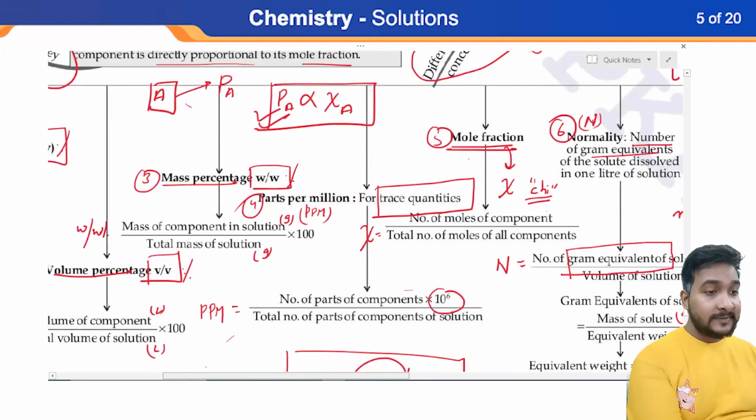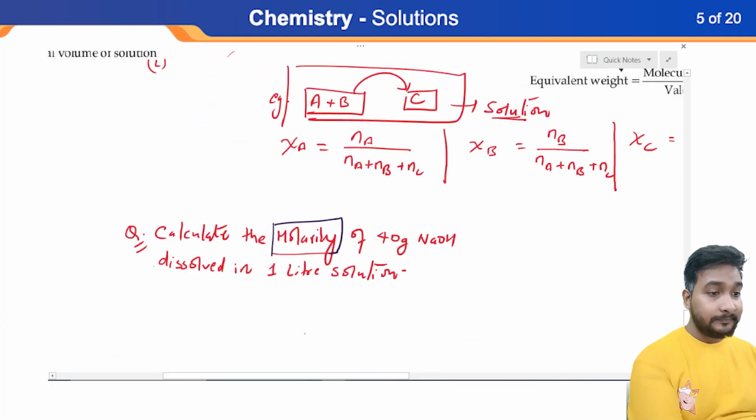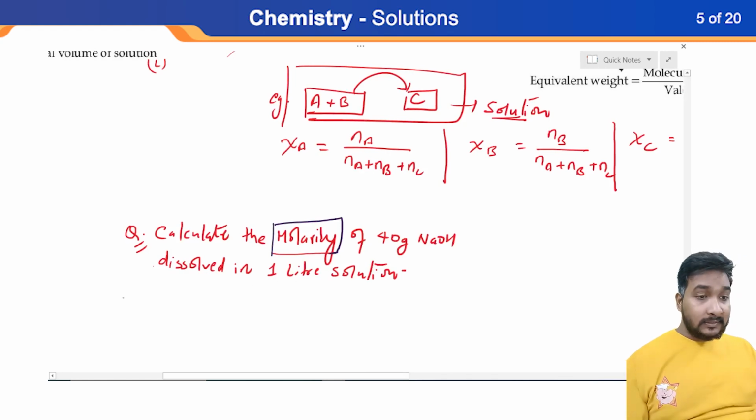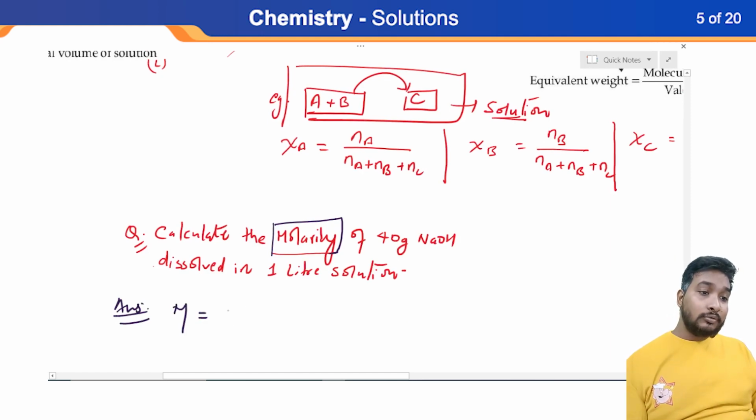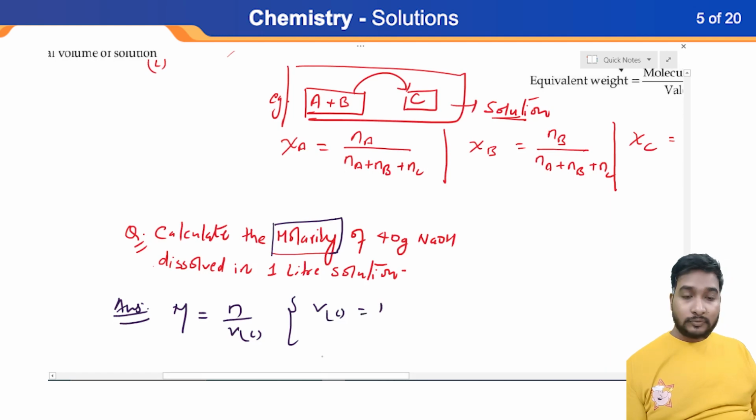So we are using this formula. If we want to calculate the molarity, then we have to know the exact formula. So molarity is equal to moles by volume in liters. We have the volume in liters, that is 1, so no issue, but we don't have the moles.